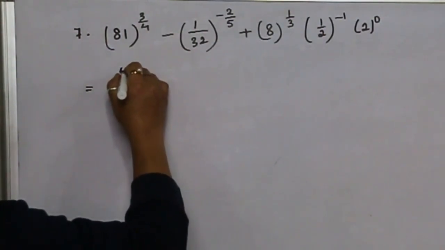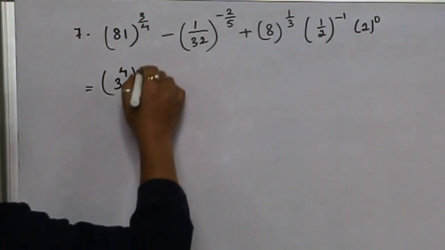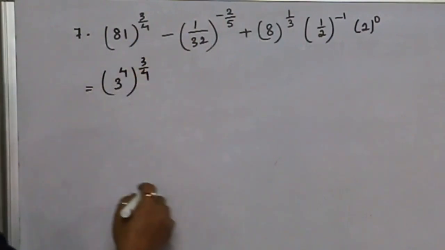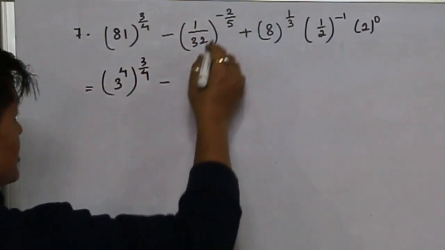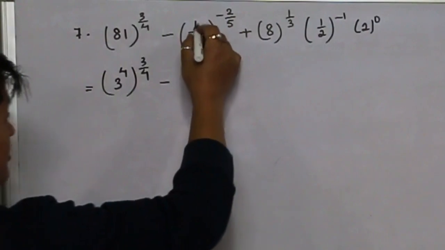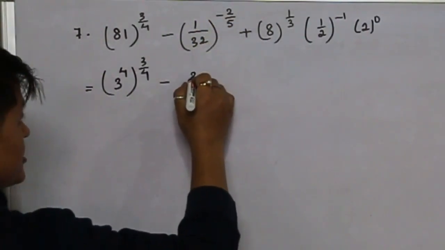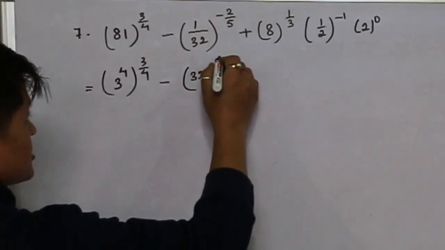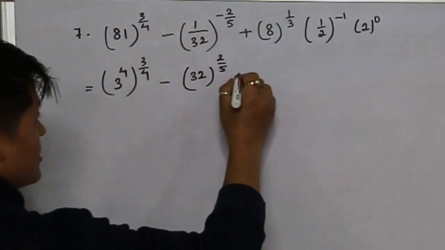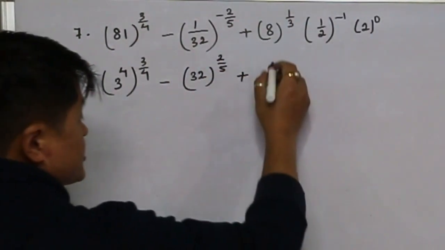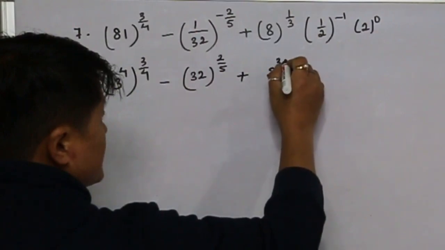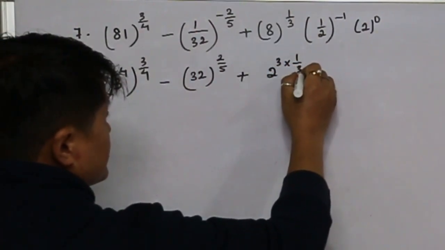3 to the power 4 is 81, whole to the power 3 by 4, minus. First make the power positive, so this will be 32 divided by 1, which is 32, to the power 2 by 5, plus 2 to the power 3 into 1 by 3 we can write.